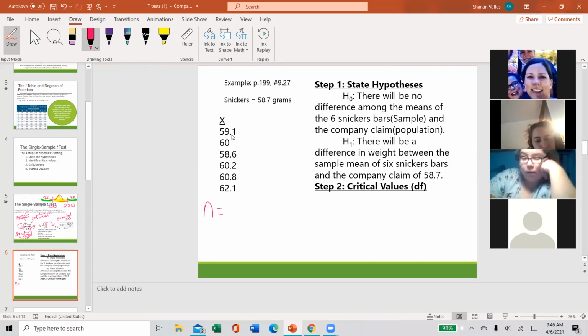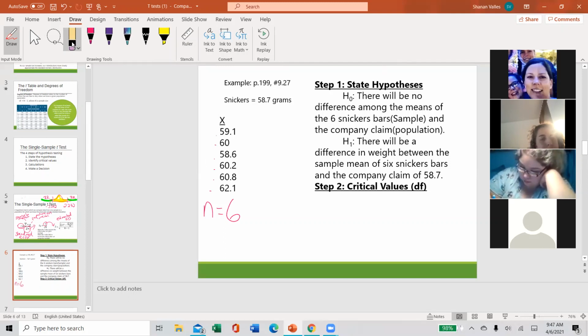So our number of observations, or the number of data points we have. And in this example, we have 6: 1, 2, 3, 4, 5, 6. So n is 6 in this example.